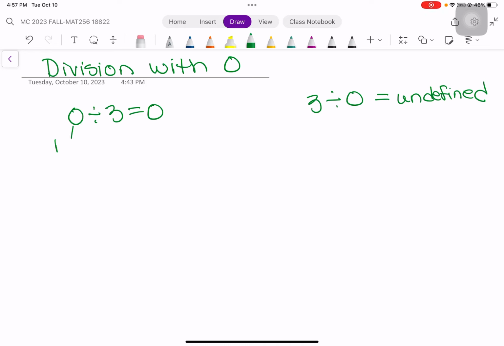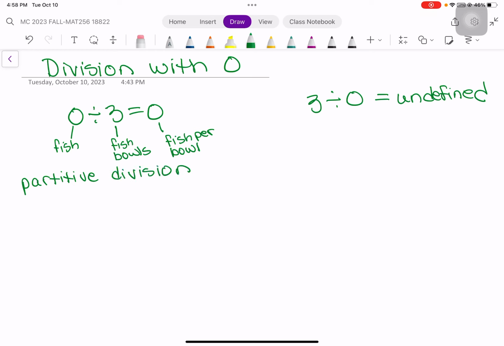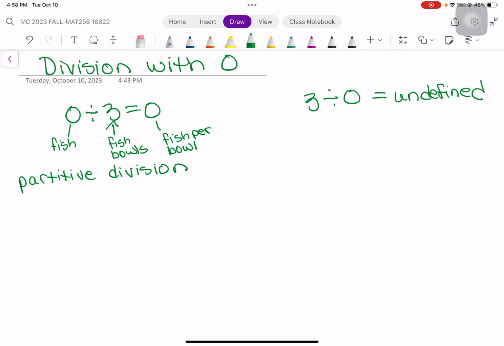there's 0 fish and there are 3 fish bowls. So how many fish per bowl? Well, first of all, that is partitive division because the divisor, in this case, this 3, is the number of groups or the number of bowls.